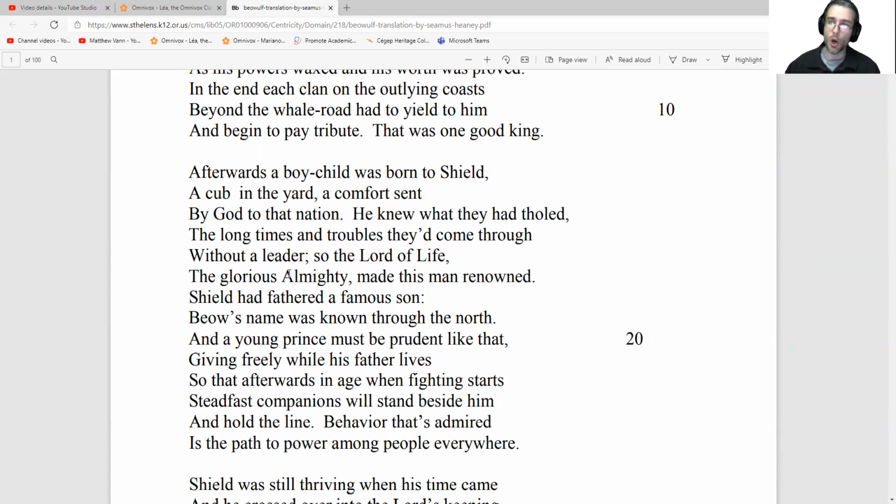The principles regarding glory already we see evolving in this text. The ideas about glory and how it works, how people earn it, have suddenly changed. Already we have several different themes that we can pull out based on what we learn from Shield or what we see in the values of that first section of the text, and then what we see here. Because he is sent by the Lord of life, the one who gives life to all and takes it away, the glorious Almighty, because he is meant to be a comfort to the people.